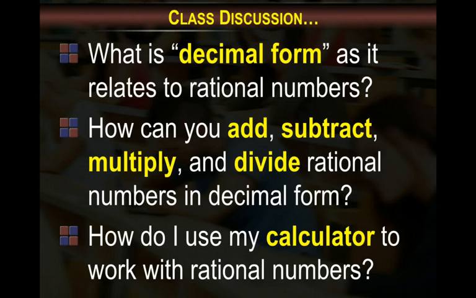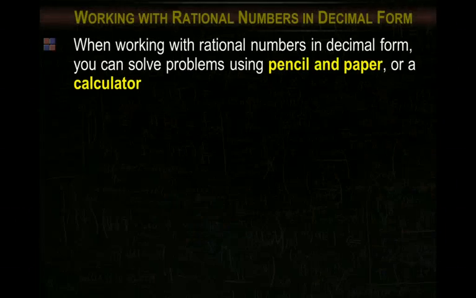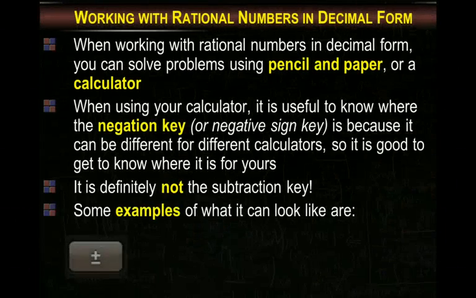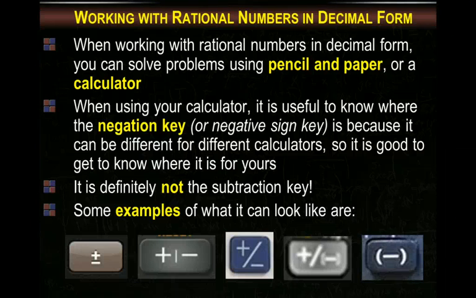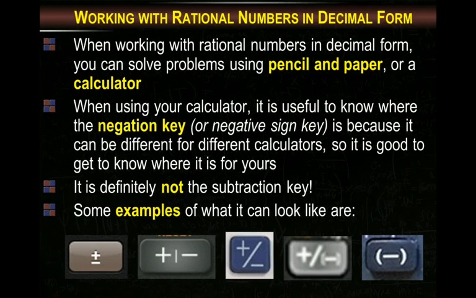But one thing I find grade 9s trip up on, especially if you've just got a scientific calculator, is how to work with negatives with a scientific calculator. So I'm going to put something in there. If you have your calculator with you today, you may want to pull it out to make sure, if you've never done this before, how do I make something negative? Here is one of the possible buttons that could be on your calculator. I'm just going to turn the light up here for a little bit just so you can see. The button on your calculator will look like any of these first four with a little plus minus.